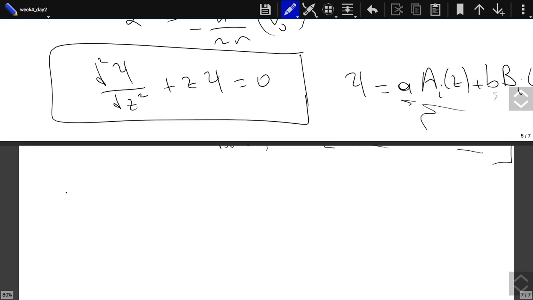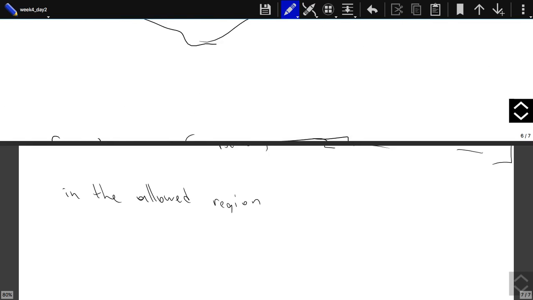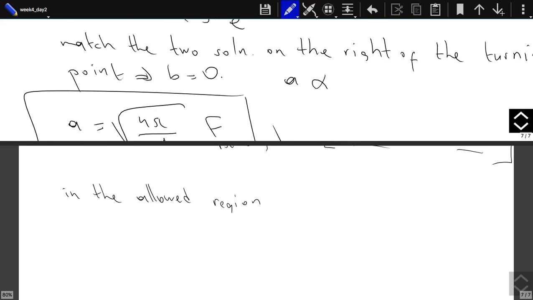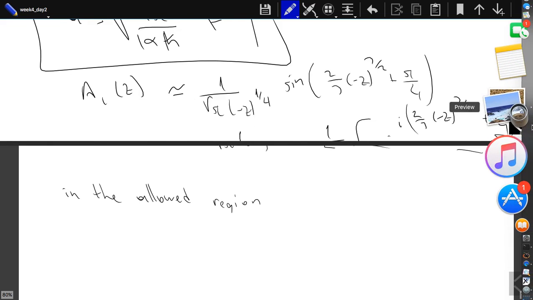Now in the allowed region, by matching at the two turning points, we already determined by matching at the turning point on the right what the shape of our wave function in the allowed region is. In fact, it's just the Ai function. This one.